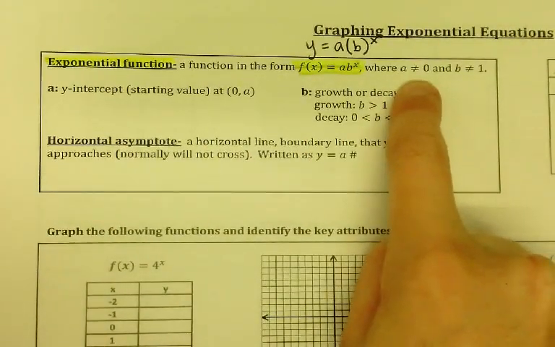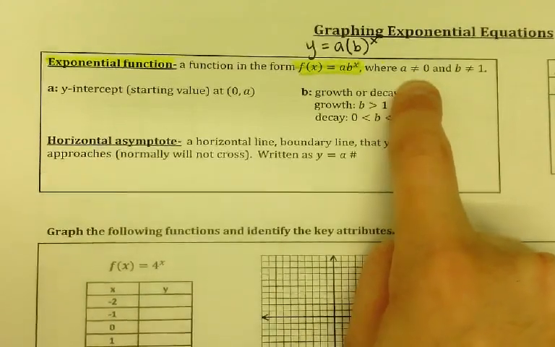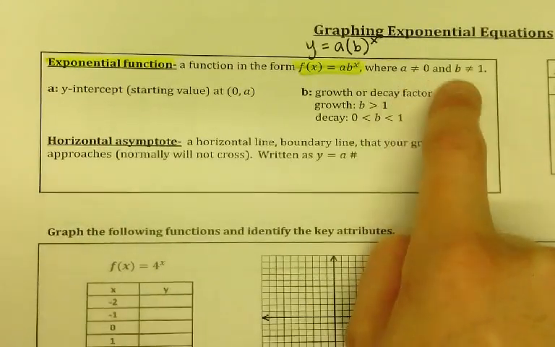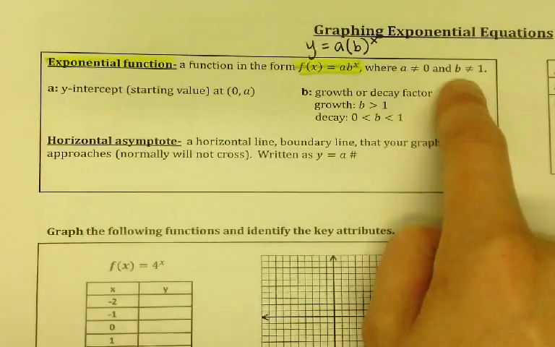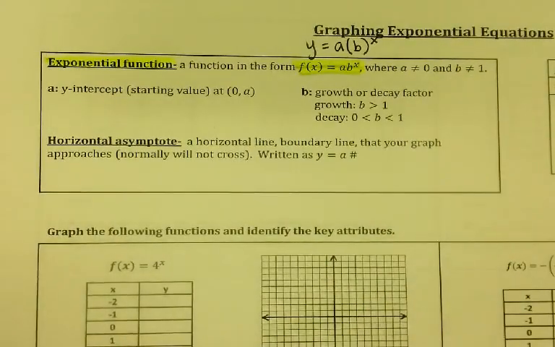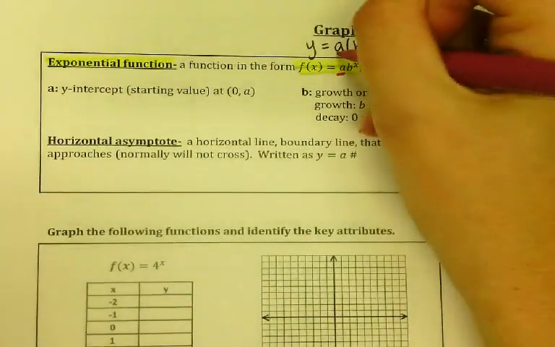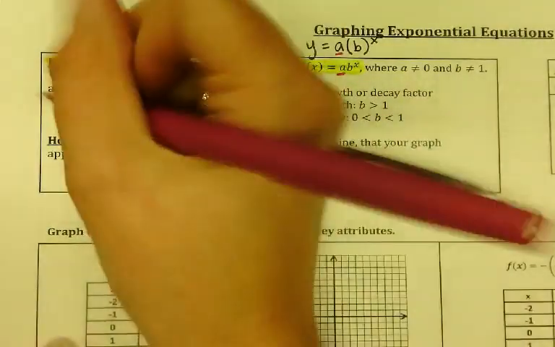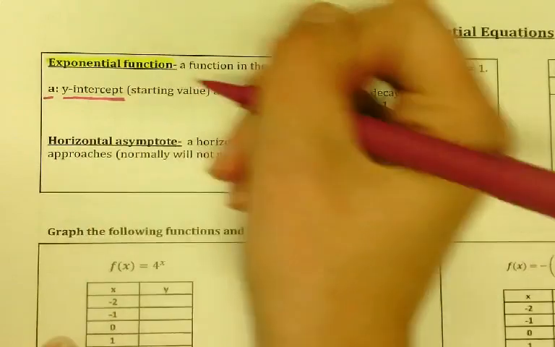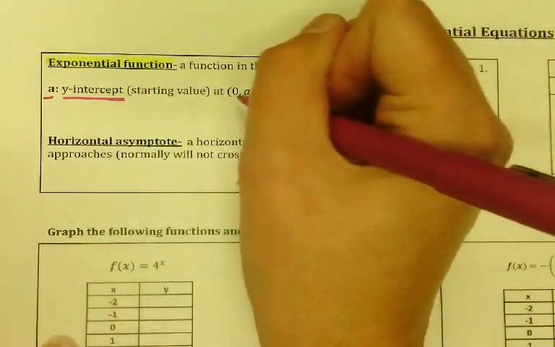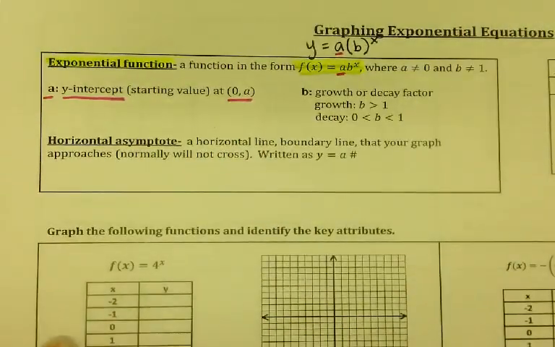A couple important things here. Your a cannot equal 0, and your b cannot equal 1. Your a value, this a right here in front, is going to be your y-intercept or your starting value, at x equals 0.